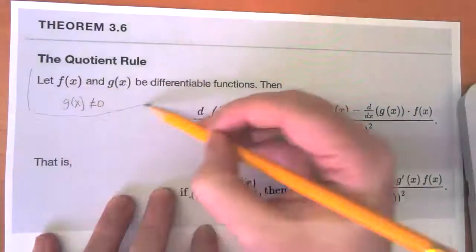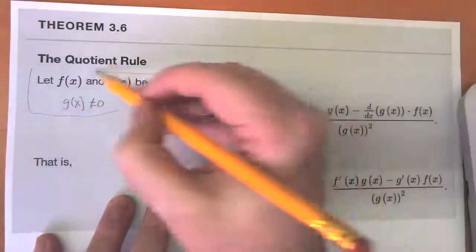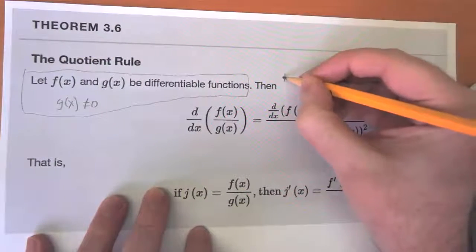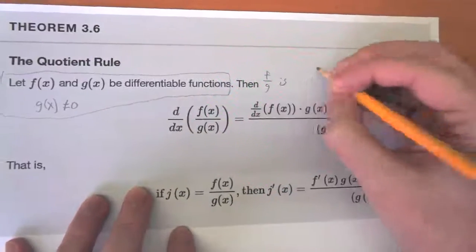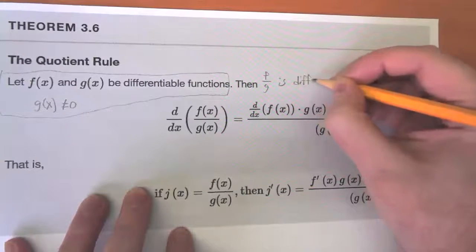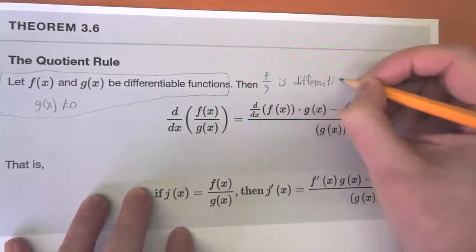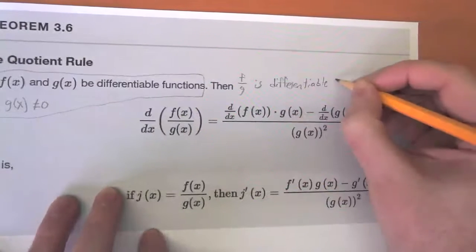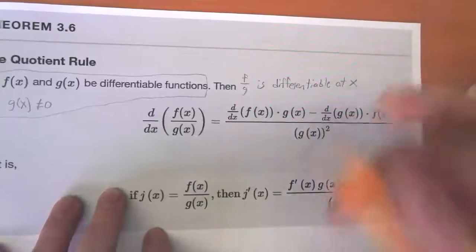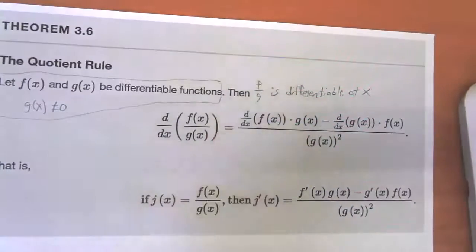So that is part of our assumptions. And we also want to say then f over g is differentiable at x. We can calculate the derivative of f over g at x.